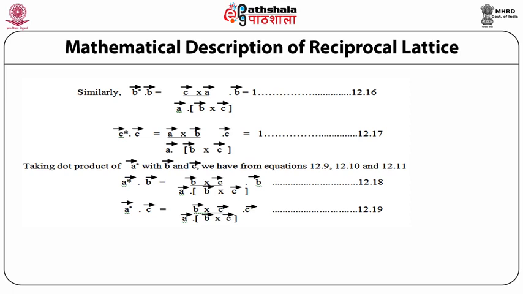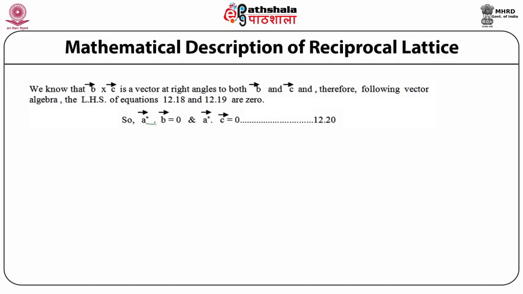Taking dot product of A star vector with B vector and C vector, we have from equations 12.9, 12.10 and 12.11 A star vector dot B vector equal to B vector cross C vector upon A vector dot of B vector cross C vector dot B vector, put it as equation 12.18. A star vector dot C vector is equal to B vector cross C vector upon A vector dot B vector cross C vector dot C vector, put it as equation number 12.19.